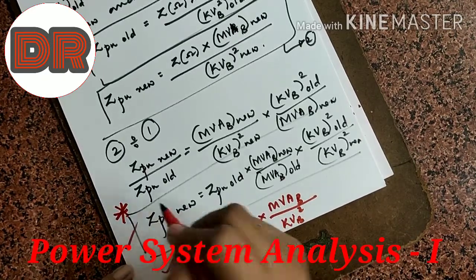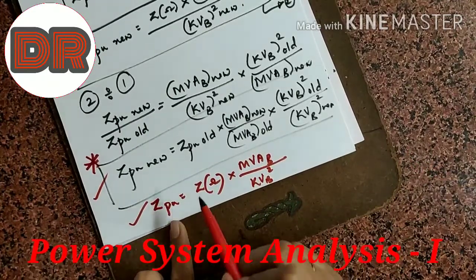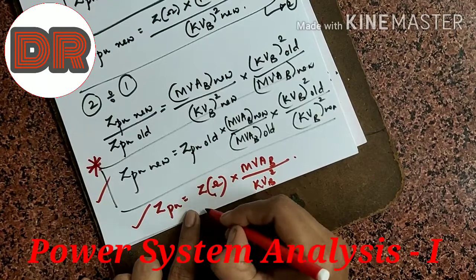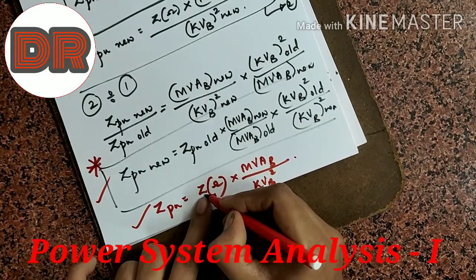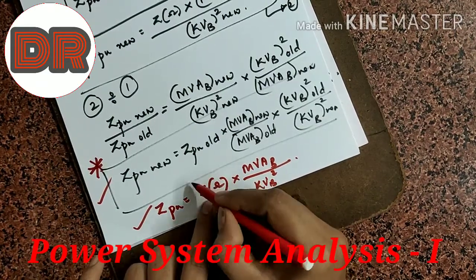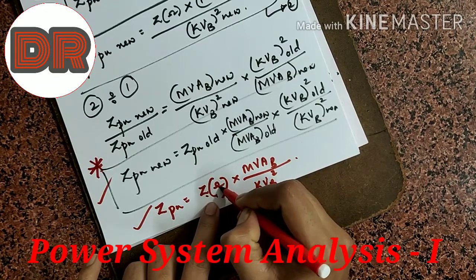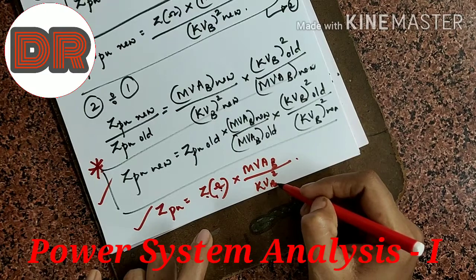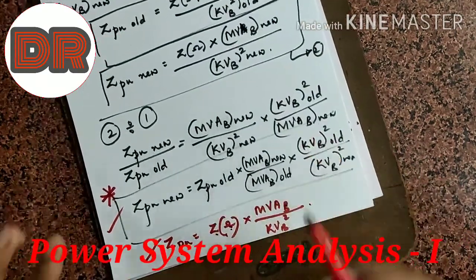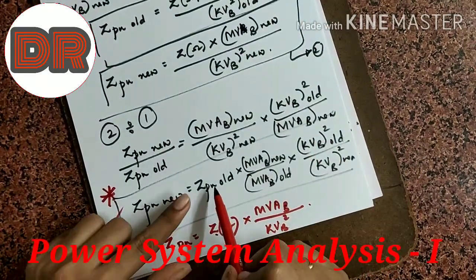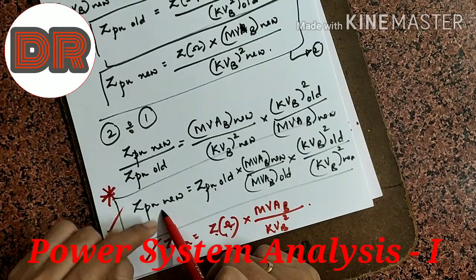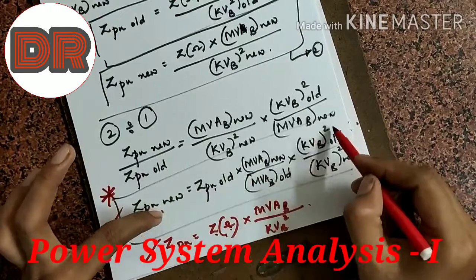Both are important, so when to use which? The first is used when the actual impedance is given in ohm. Then you directly multiply it with MVA base and divide by kV base square. And if Z is given in per unit, then the new per unit value has to be calculated with the second equation.